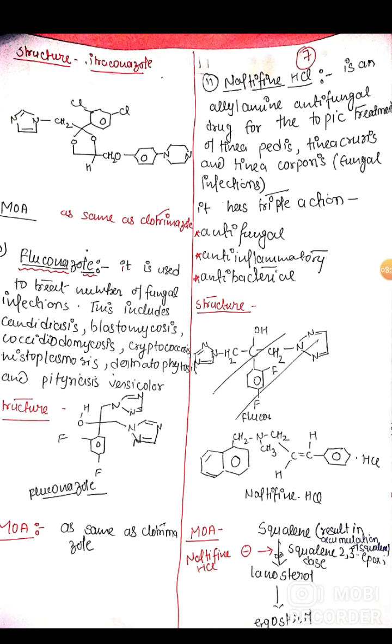The mechanism of naftifine hydrochloride is that it inhibits the enzyme squalene 2,3 epoxidase, so the formation of lanosterol from squalene is stopped. When lanosterol is not synthesized, it ultimately stops the synthesis of ergosterol and produces the fungicidal or fungistatic effect.